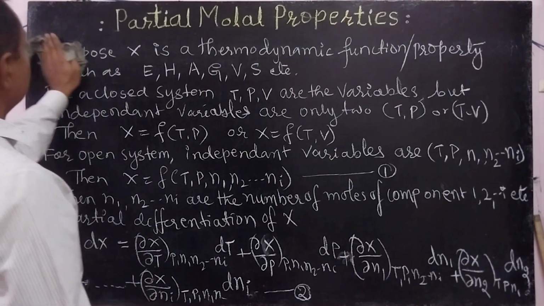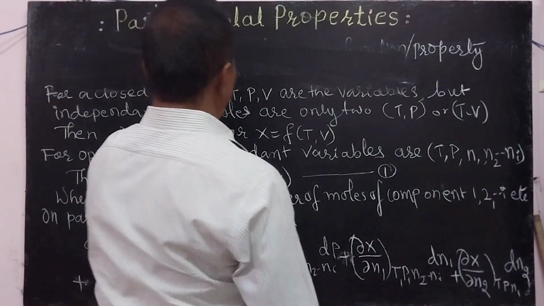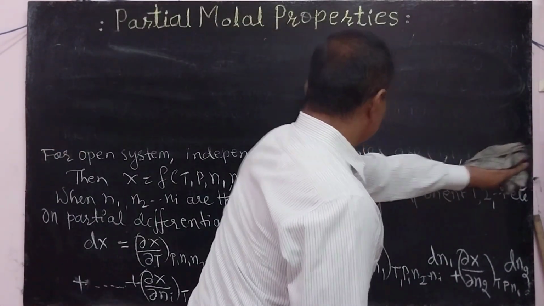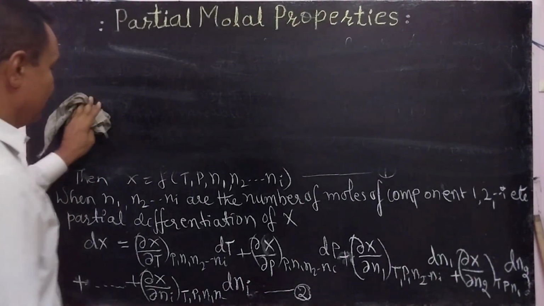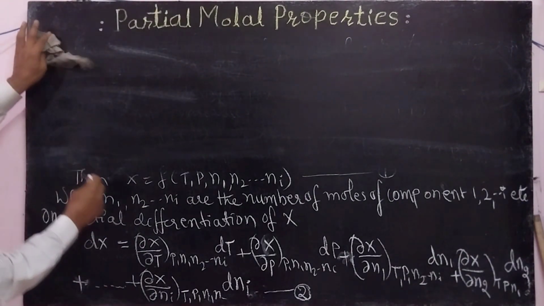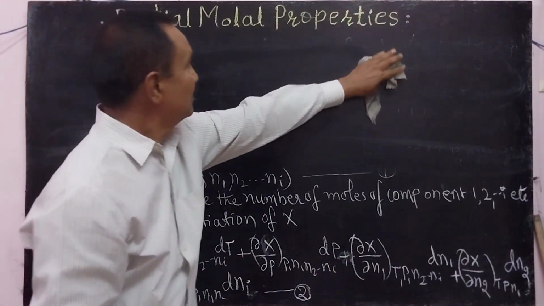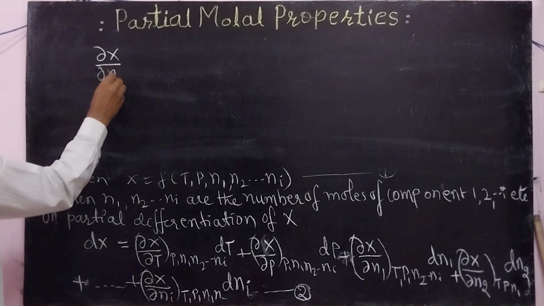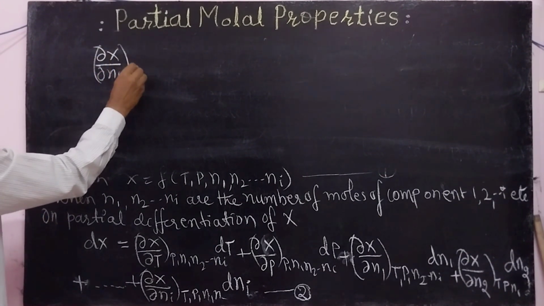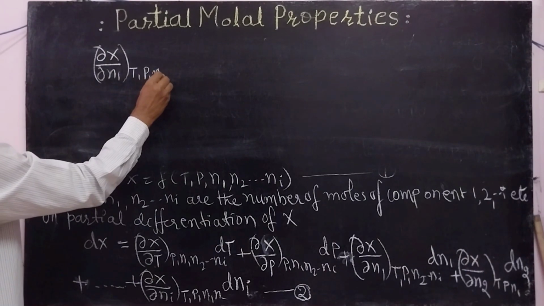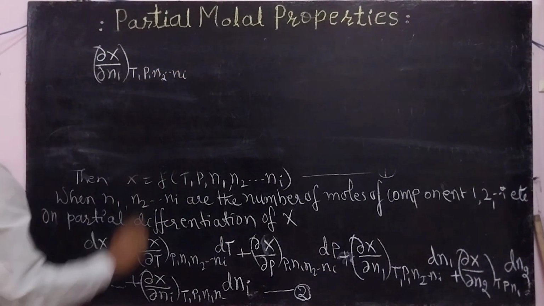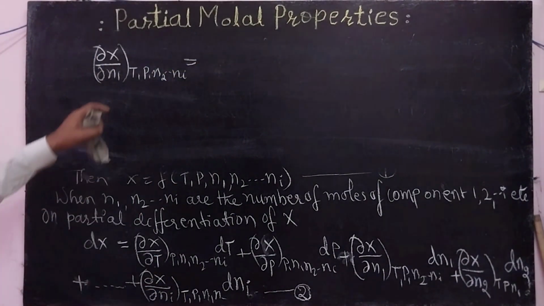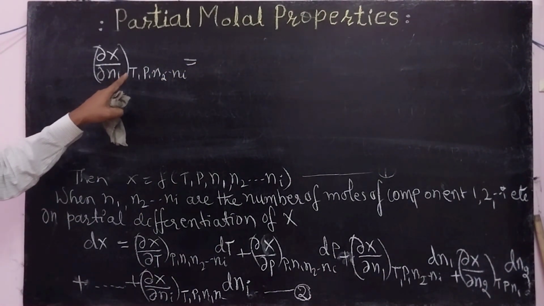Then we can write the partial molar quantities separately such that dou X divided by dou N1 at constant temperature, pressure, N2 up to Ni is the partial molar quantity of component 1.